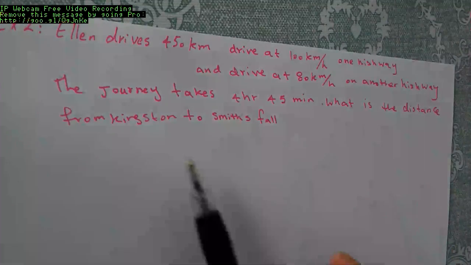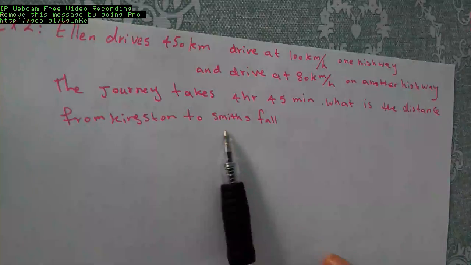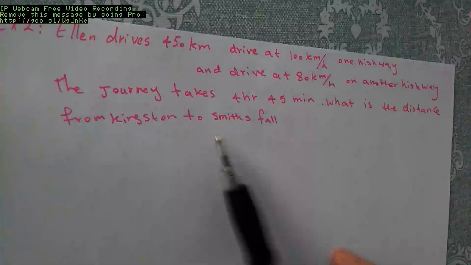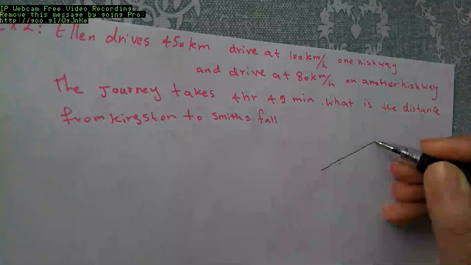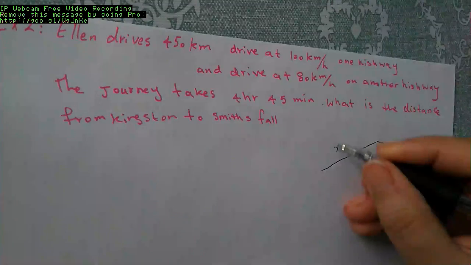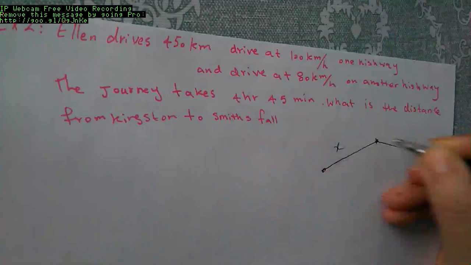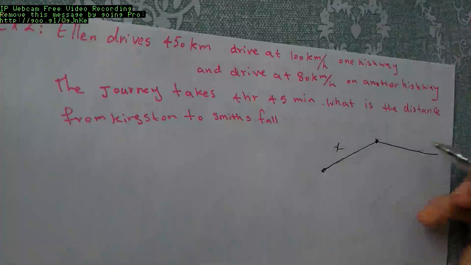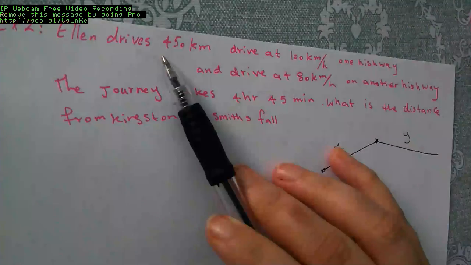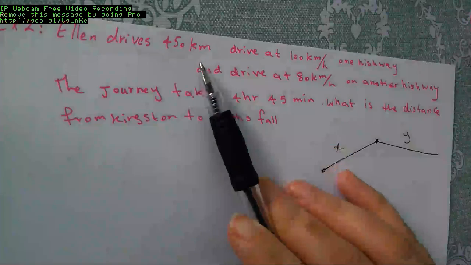What is the distance from Kingston to Smithville? So there are two highways. Say this is one highway, this is another highway. Let's say the distance on one highway is x here, and the distance on the other highway is y. You drive 450 kilometers.